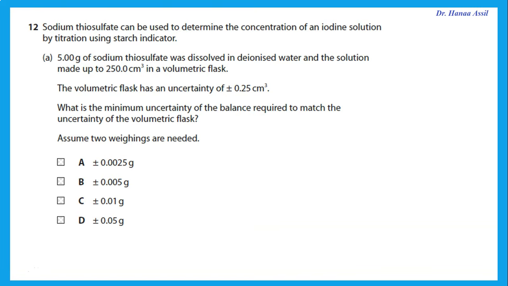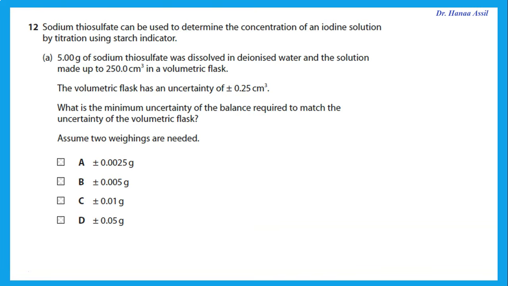What is the minimum uncertainty of the balance required to match the uncertainty of the volumetric flask? So we want the same uncertainty as the volumetric flask, and the question says assume two weighings are needed. So we're going to weigh using the balance twice.